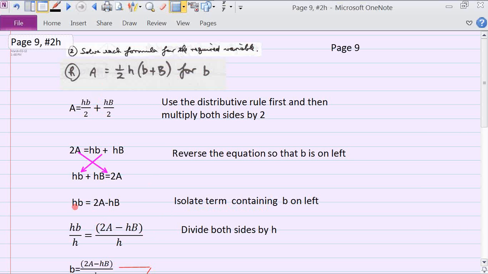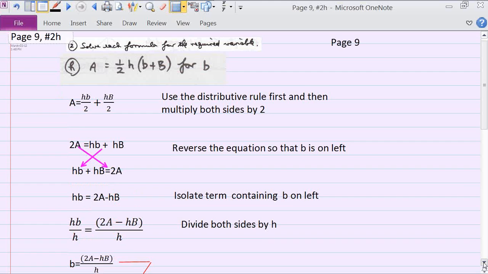At this point, I have hb by itself right here, h small b. Remember, I'm trying to get b. So if I want to solve for b, I have to divide by h. And if I divide the left side by h, I have to divide the right side by h, which I've done here.